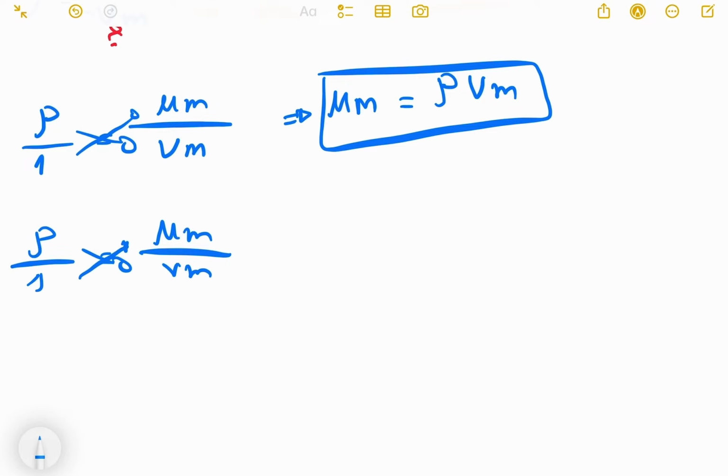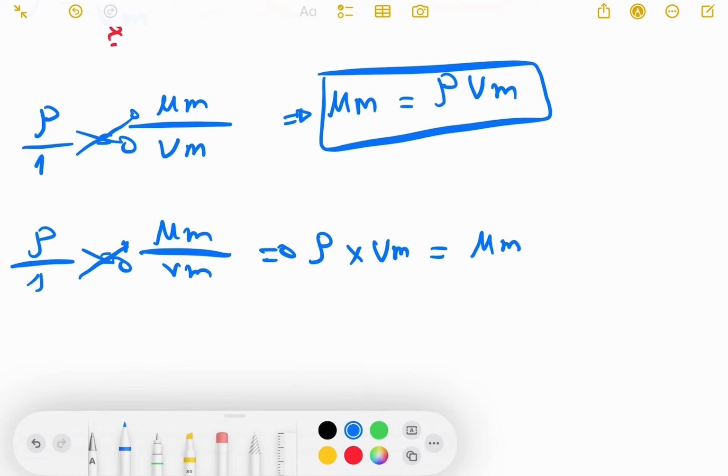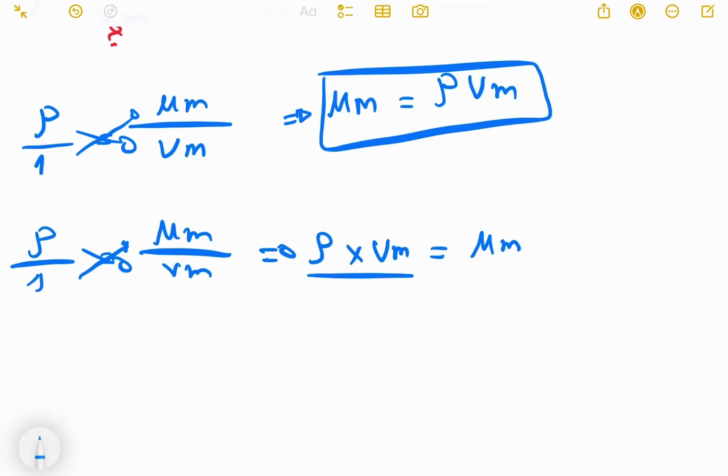Multiply them, and this will be density multiplied by molar volume equals molar mass. But if I want to find molar volume, this time you divide both sides by density. Density goes with density, then molar volume is equal to molar mass divided by density.